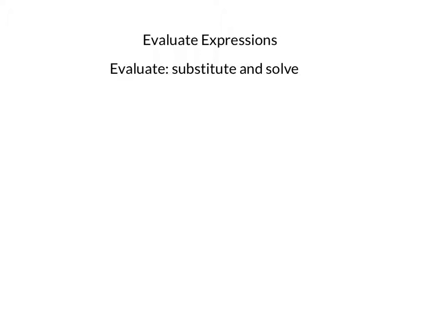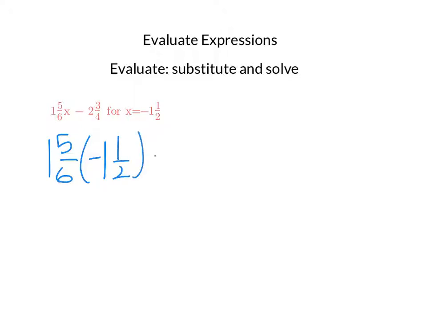So let's get an expression. Let's evaluate 1 5/6x minus 2 3/4 for x equals negative 1 1/2. So our very first step is to substitute. So I first rewrite it as 1 5/6 times negative 1 1/2 minus 2 3/4.